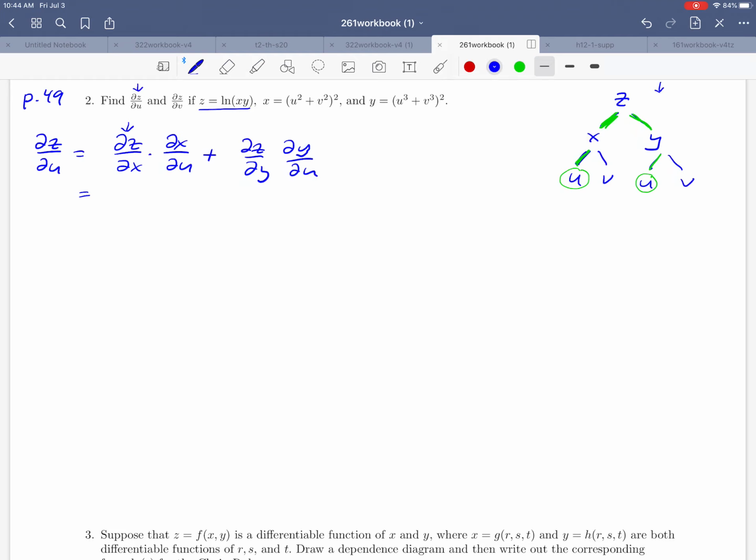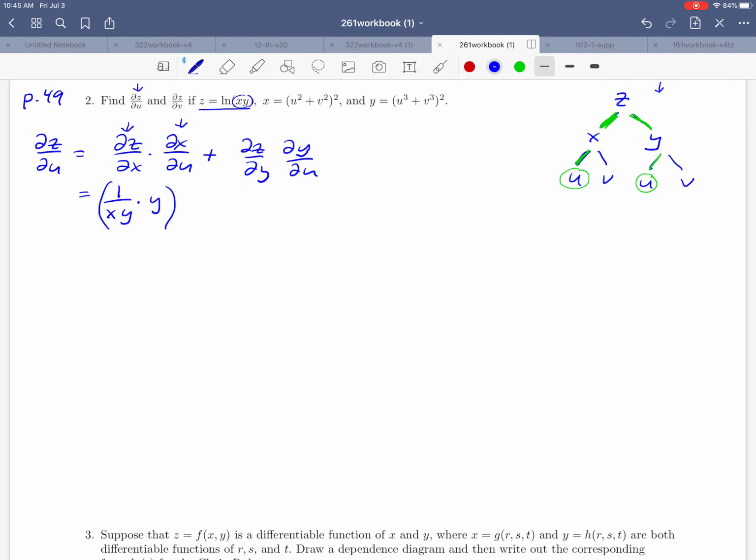We're taking the derivative of natural log of something, so we get 1 over that something, times the derivative with respect to x of the inside part. The derivative of xy gives 1 for the derivative of x, and the y comes along for the ride. All of that is the derivative of z with respect to x.